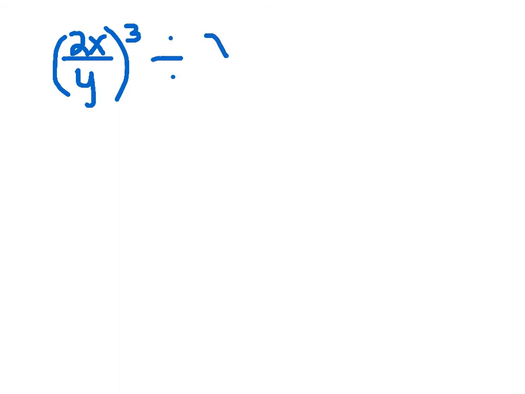It comes up in this, an extension of what we did with exponents, as well as two different division signs. So if I say 2x over y to the third power divided by x over y squared divided by x over 4.